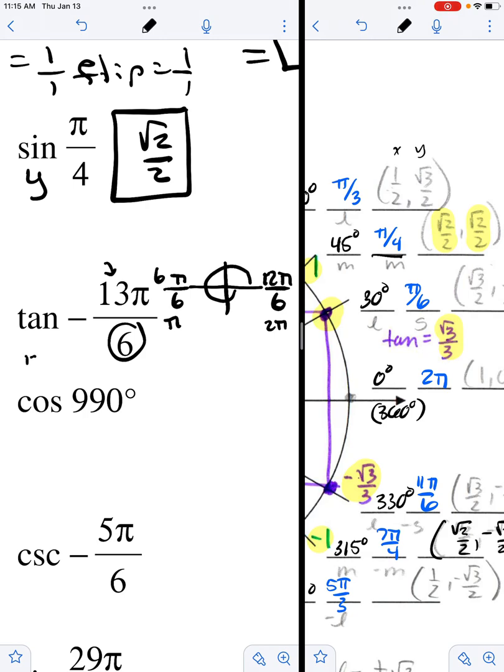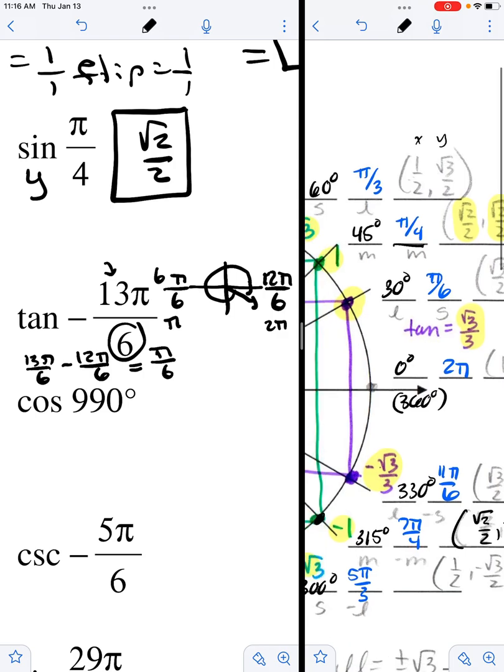So if you think, okay, 13 pi over 6 is how far I'm going, once around is 12 pi over 6. That means I have 1 pi over 6 left to go. So I'm going to go 1 pi over 6 past that full circle. And I'm going in the negative direction.